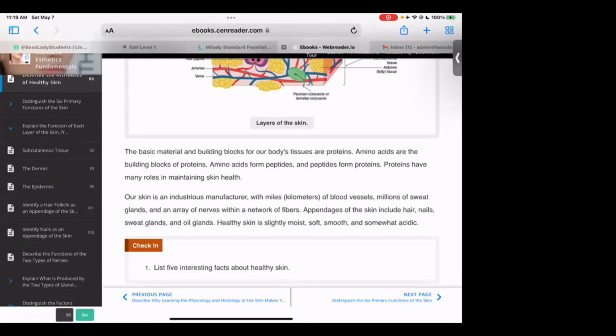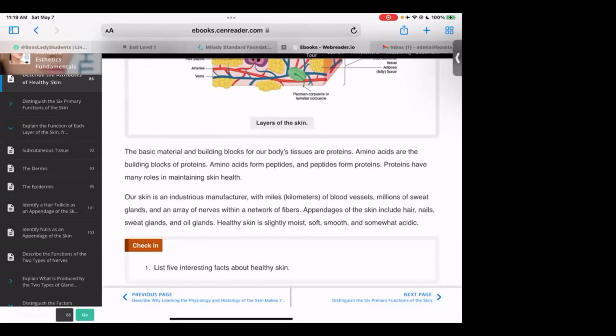Earlier in this section, it talked about the integumentary system being harmonious with the other body functions, right? Harmonious. So if harmonious skin health is happening, the skin will be slightly moist, soft to the touch, smooth to the touch, and somewhat acidic.